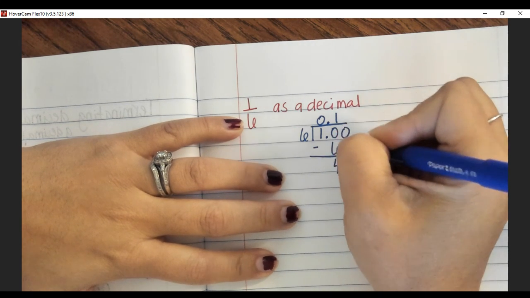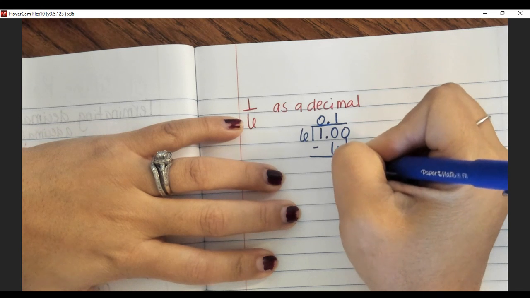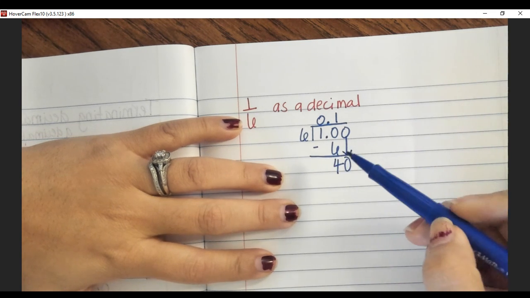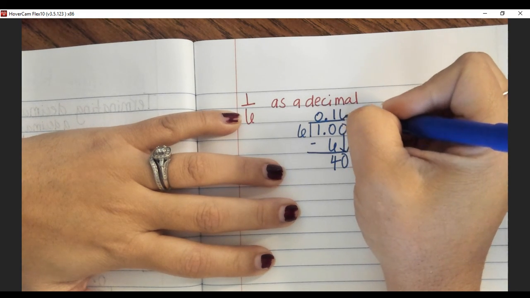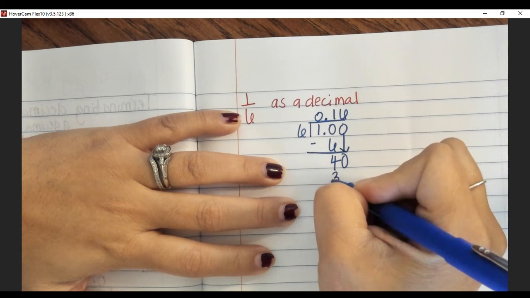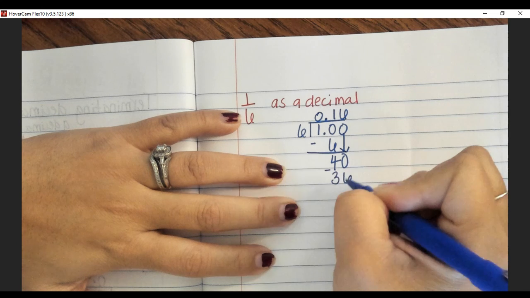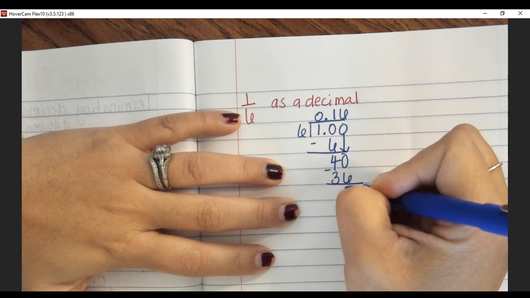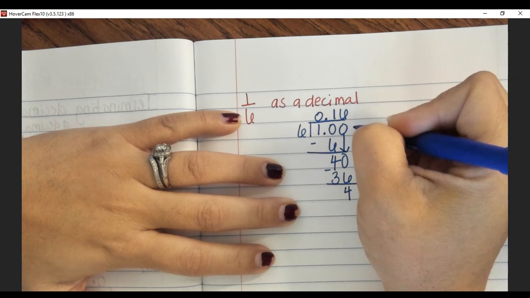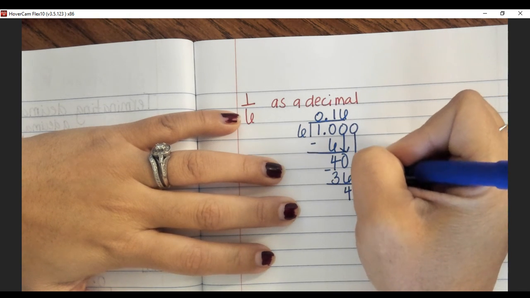I'm going to add a 0 here. So now I have 40. So how many groups of 6 are in 40? Well, I know 6 times 6 is 36. I'm going to subtract 36 from 40. I'm left with 4. Add a 0 here.